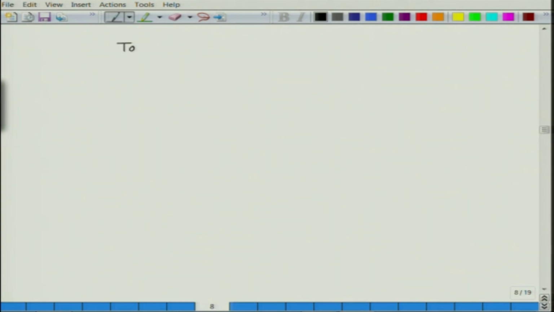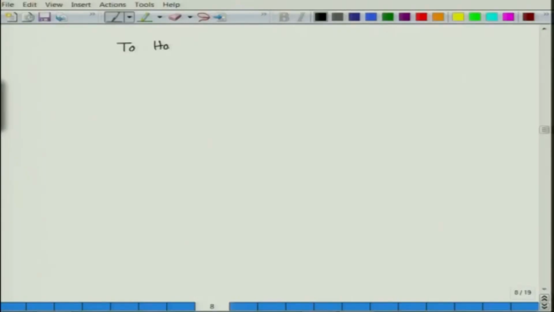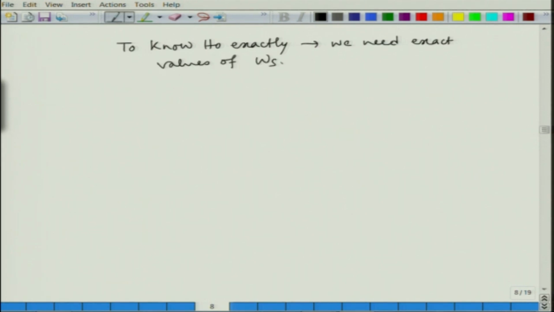So, we said that H naught prime or H naught bar is exactly calculable. So, for that we need to know H naught exactly, right. So, to know H naught exactly, we need exact values of Ws. Okay.